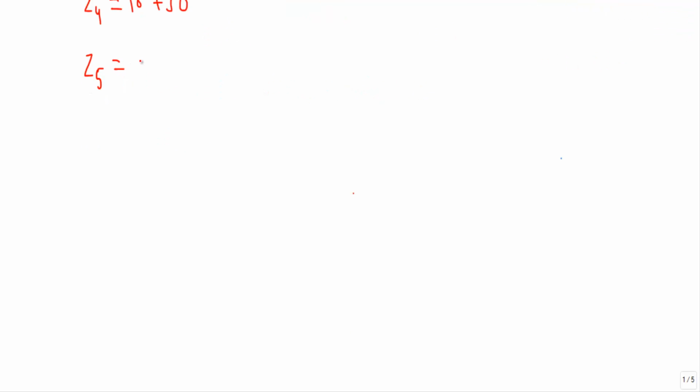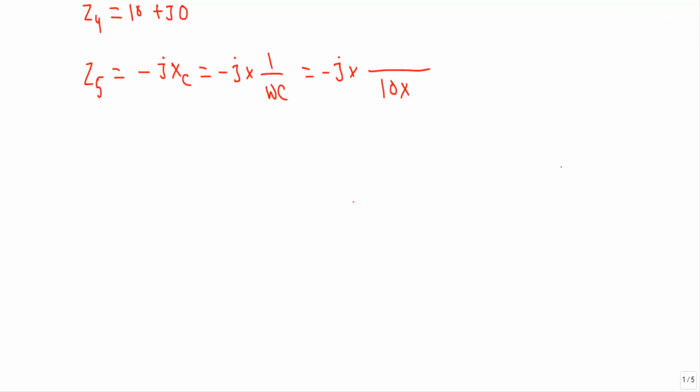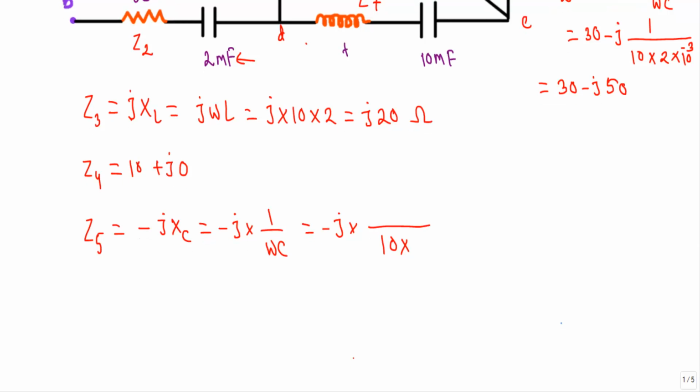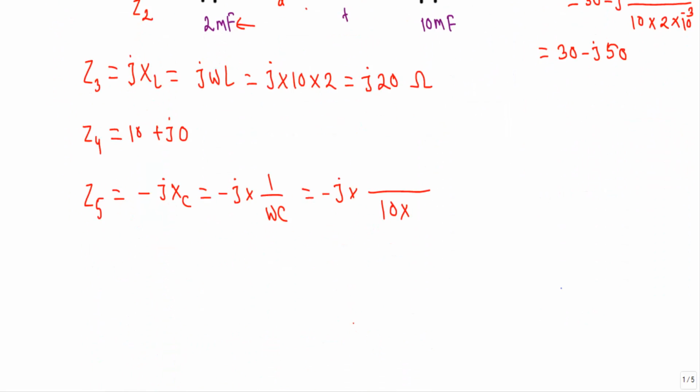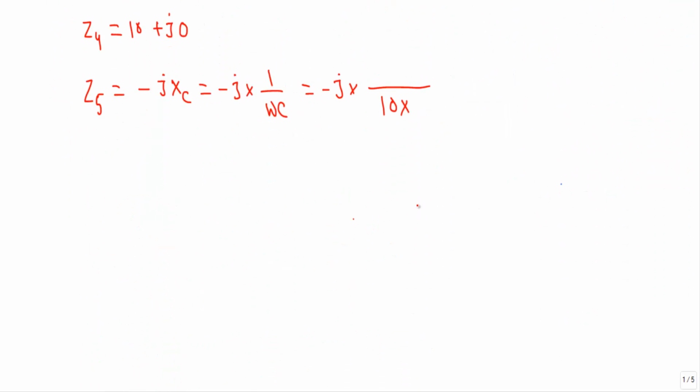Z5 will be equal to, it is a capacitor, so it will be minus jXC or minus j into 1 by omega C. Now look here, omega is equal to 10, and the capacitance has a value of 5 millifarad, so it will be 5 into 10 to the power minus 3.